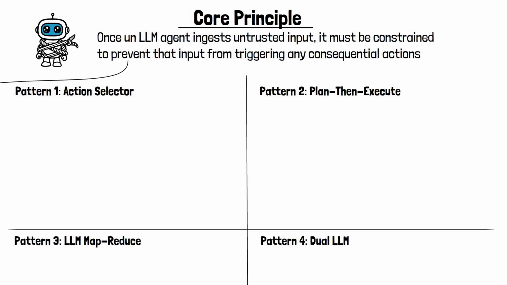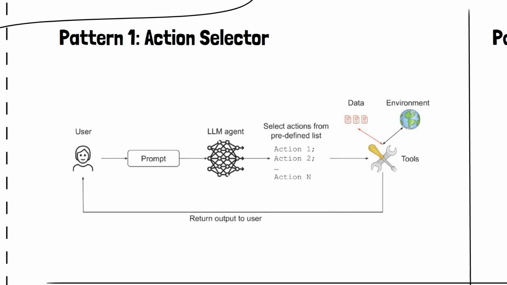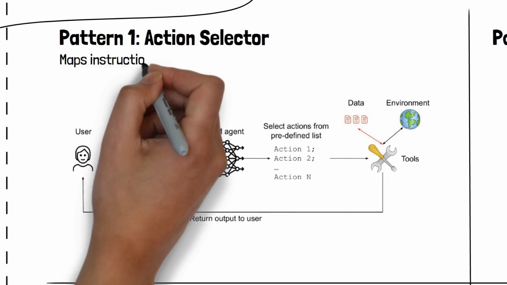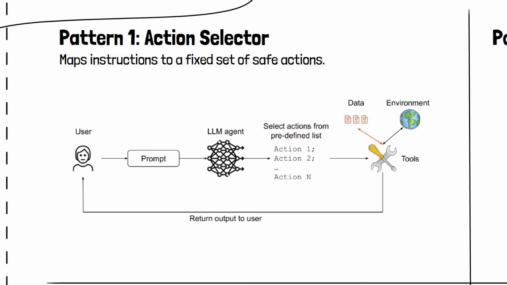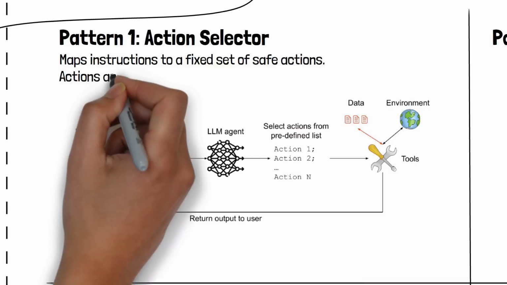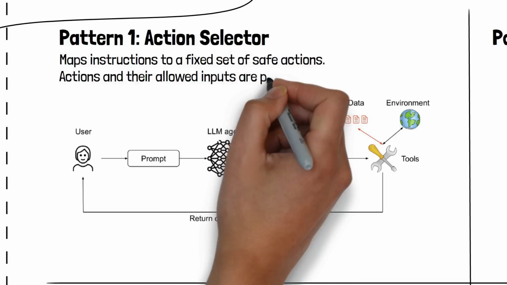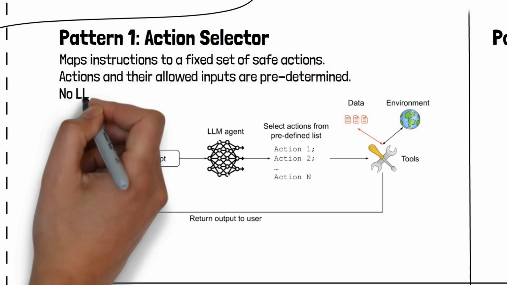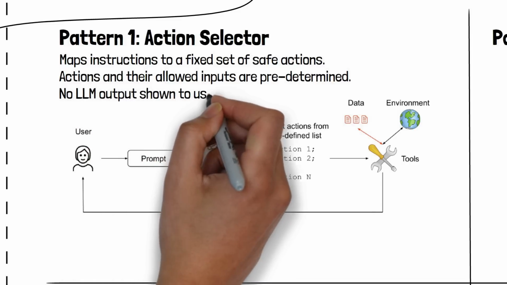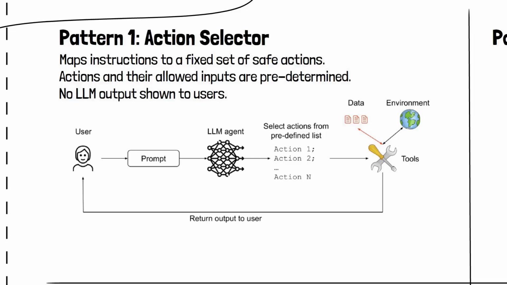The action selector pattern maps user instructions directly to a fixed set of predefined and safe actions. These actions and their input values are determined in advance, so the agent cannot perform arbitrary or unexpected behaviors suggested by malicious input. Moreover, no LLM-generated output is ever shown to the user.